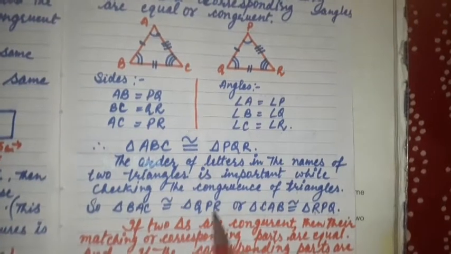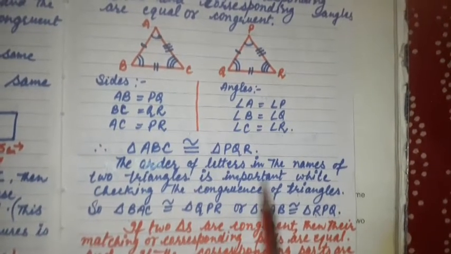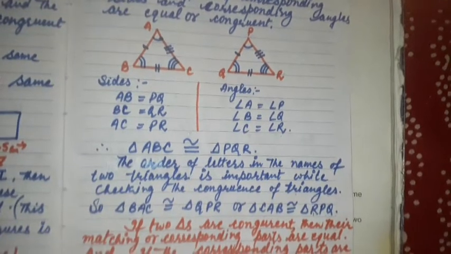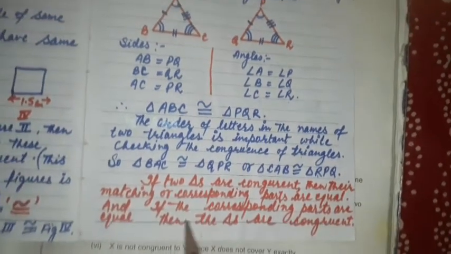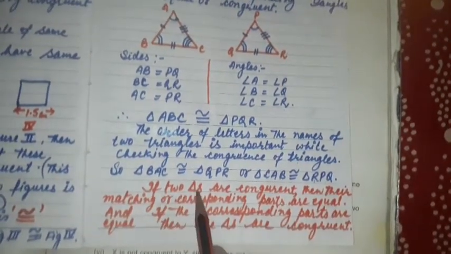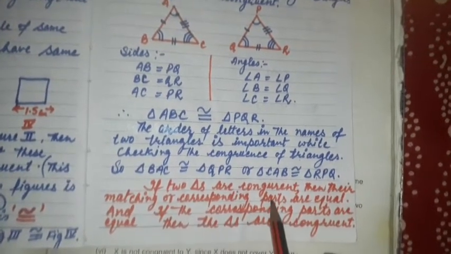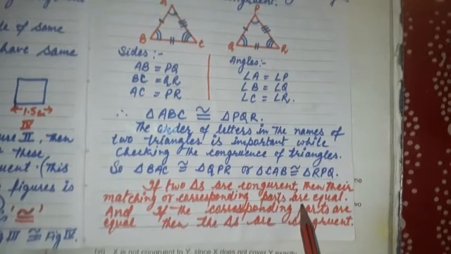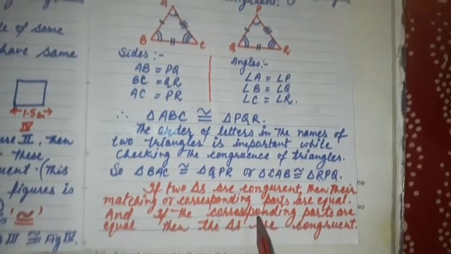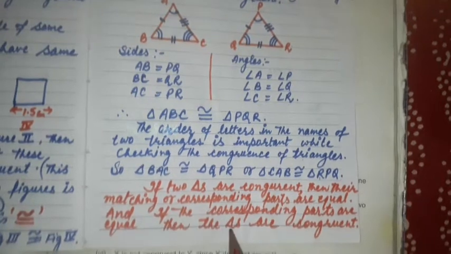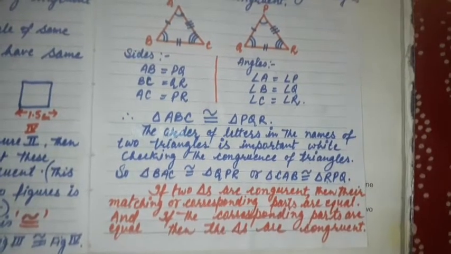So this is the important part, how to name the triangles when both are congruent with each other. Then we can conclude that if two triangles are congruent, then their matching or corresponding parts are always equal. And if the corresponding parts of two triangles are equal, then these two triangles are congruent with each other.